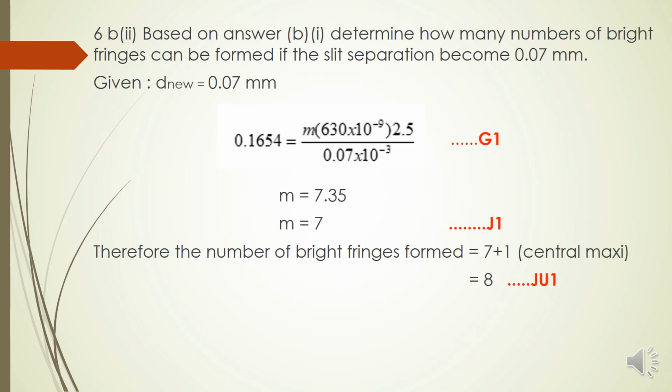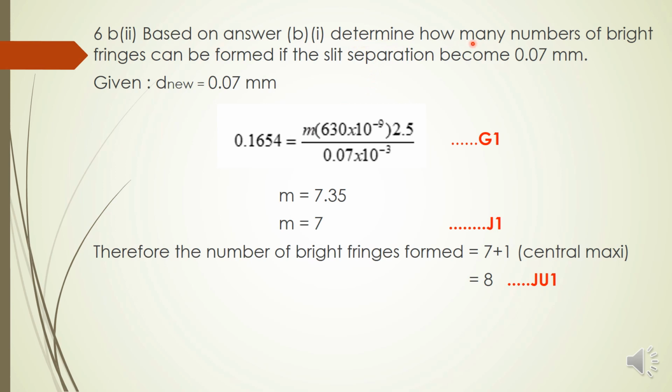6B2. Based on answer B1, determine how many bright fringes can be formed if the slit separation becomes 0.07 millimeter. Okay, so from question 1, we calculated the distance from the central maximum to the 11th dark fringe, which is equal to 0.165.